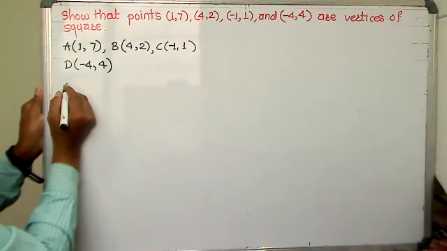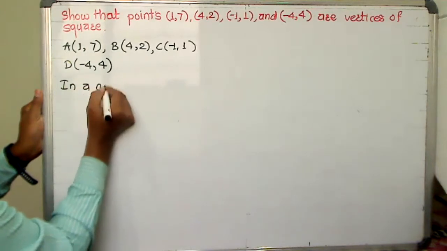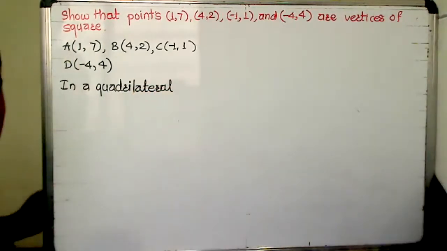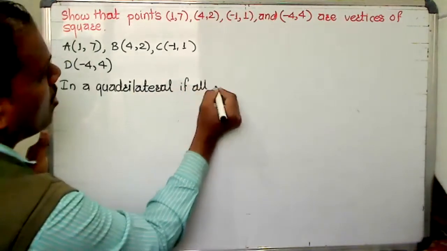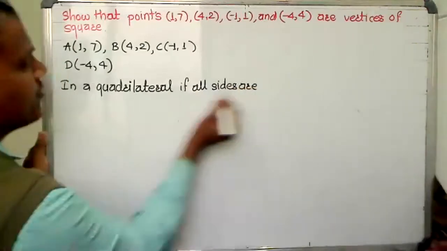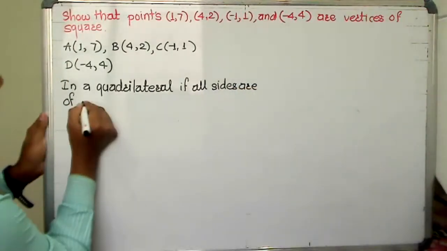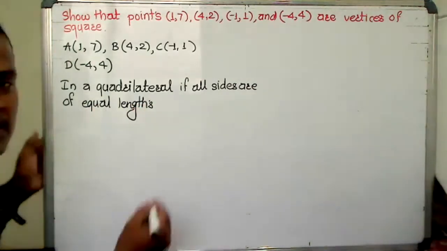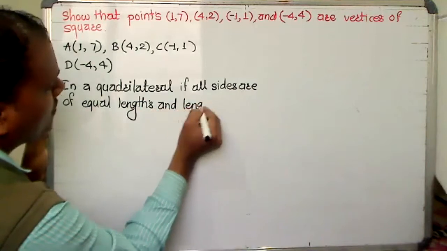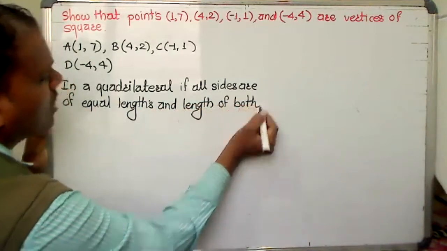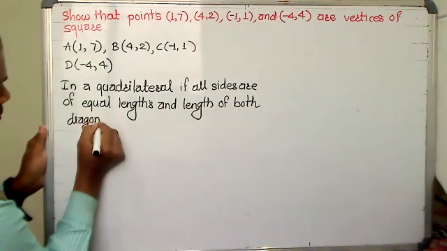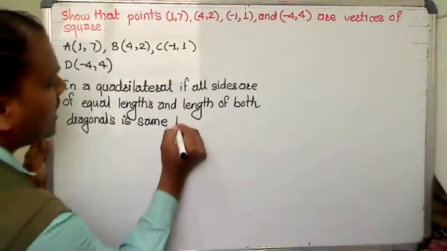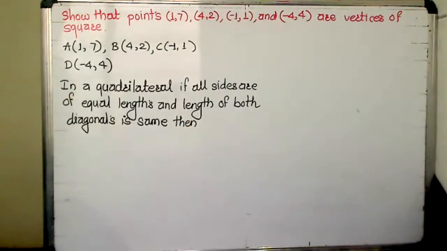First I'll write: in a quadrilateral, if all sides are of equal lengths, and the length of both diagonals is the same, then it is a square.